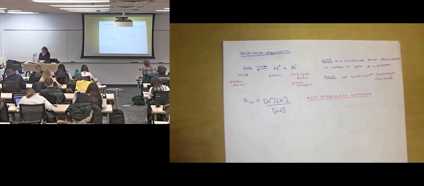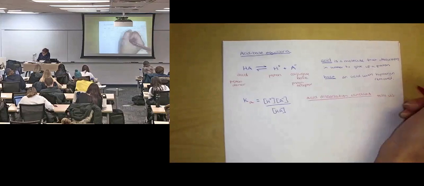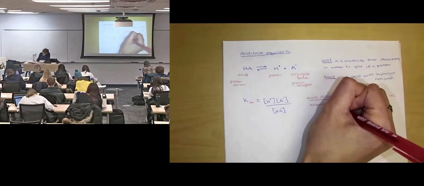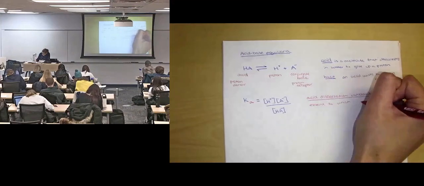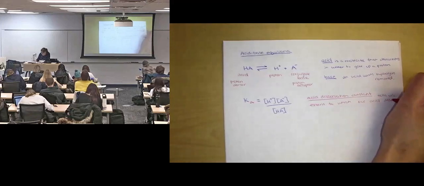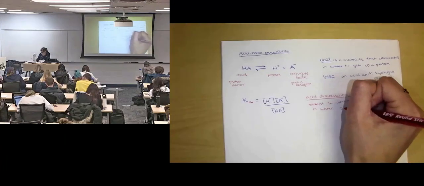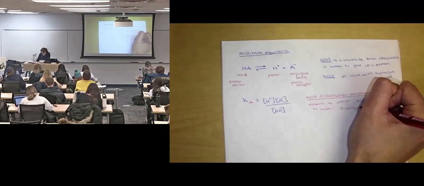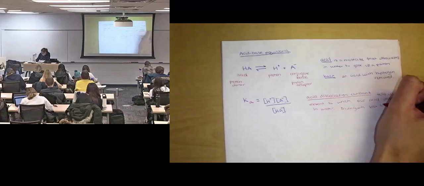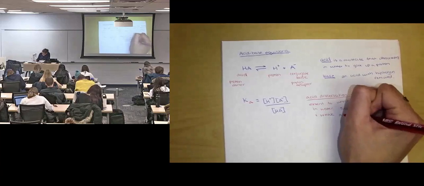And what K sub A, this acid dissociation constant, tells us is the extent to which our acid dissociates in water, and it lets us distinguish between strong and weak acids.